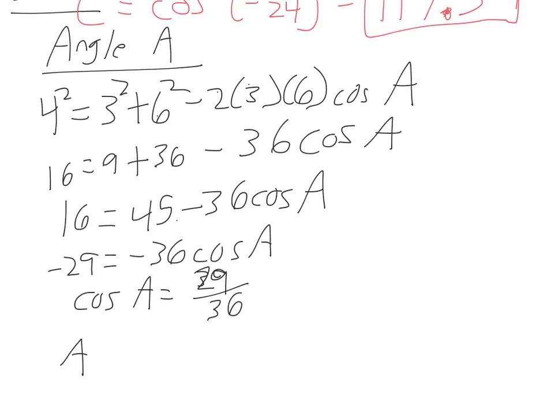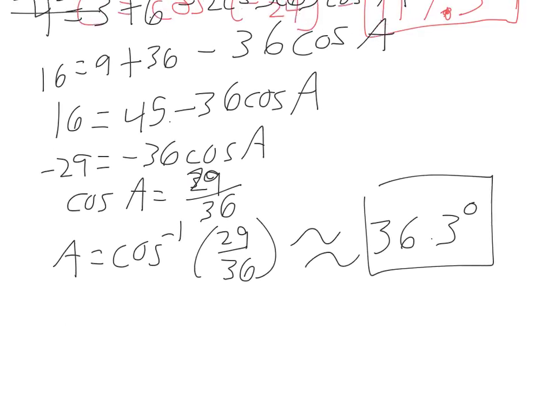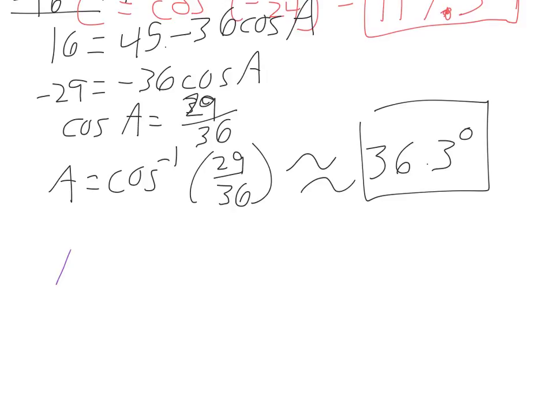So angle A is equal to cosine inverse of 29 over 36, which is approximately 36.3 degrees. That's angle A? Yes, that would be angle A. So now that we have two of the angles, we can find angle B by subtracting both of them from 180.